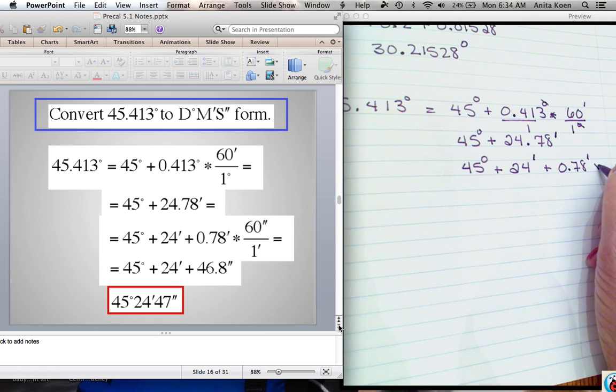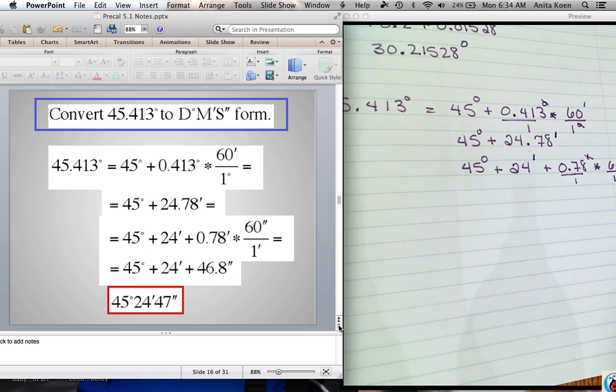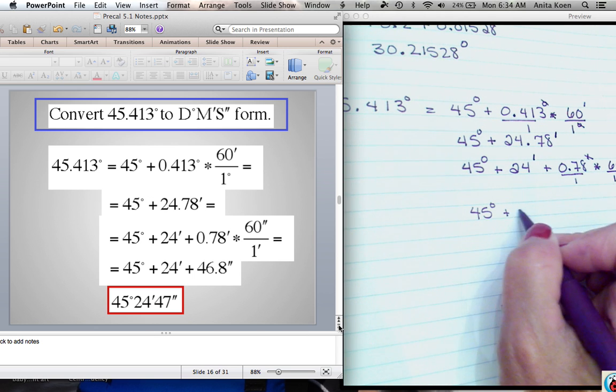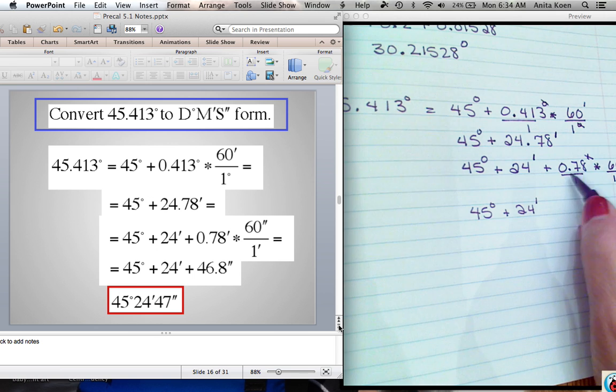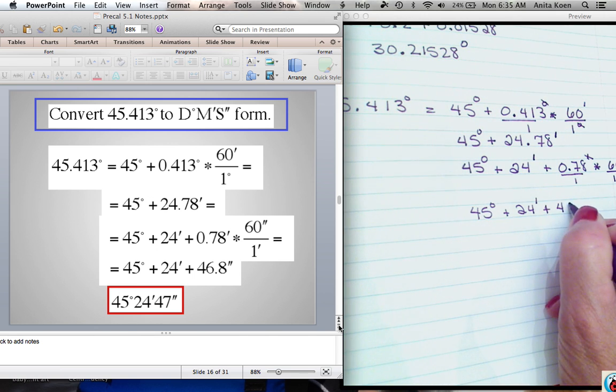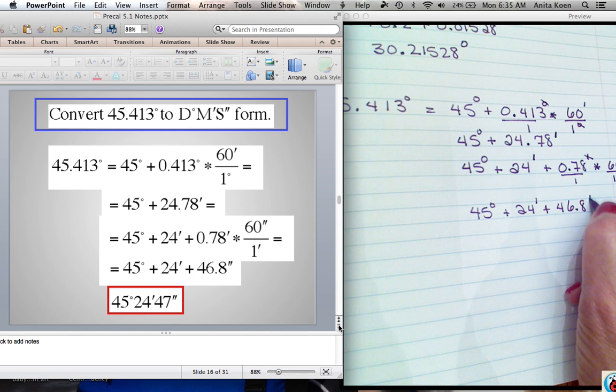So I'm going to multiply this by 60 seconds in 1 minute. I put the 1 on the bottom again because it's the minutes and I want that to cancel. So 45 degrees plus 24 minutes. Now when I multiply these two together, I'm going to get plus 46.8 seconds.